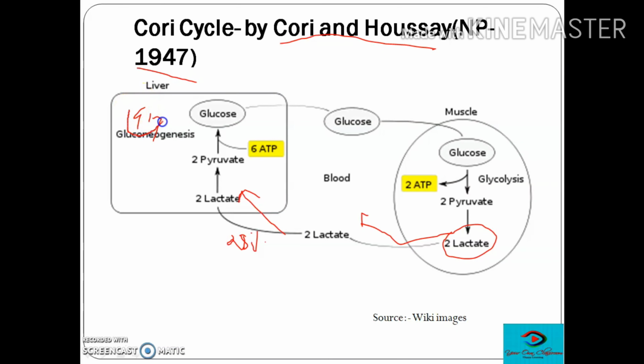And this glycogen is again broken down into glucose by glycogenolysis whenever glucose is required during strenuous exercise by the muscles. So this cycle continues. As you can see, inside the muscle, when glucose is converted into lactate, 2 ATPs are released, while in the liver, 6 ATPs are consumed to produce glucose from 2 molecules of lactate.